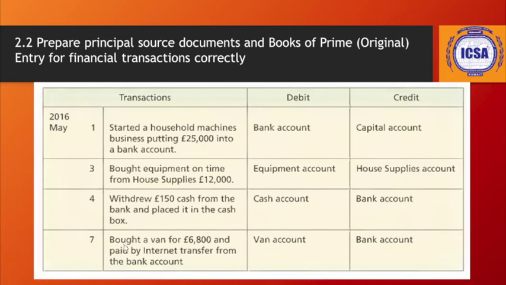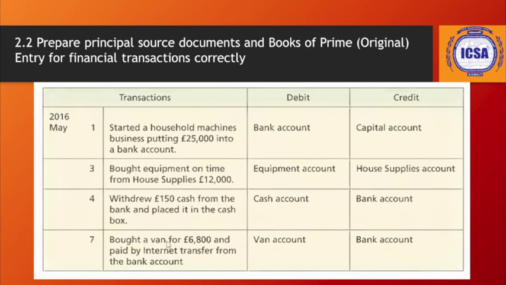Then there comes another entry, bought a van for 6800, as van is an asset. When a business is purchasing something regarding inventory, something for the purpose of resale, that will be called inventory, and that will be recorded as purchases, and when those items of inventory are sold they are recorded as sales. But when assets are purchased or sold, they are recorded with the particular name.